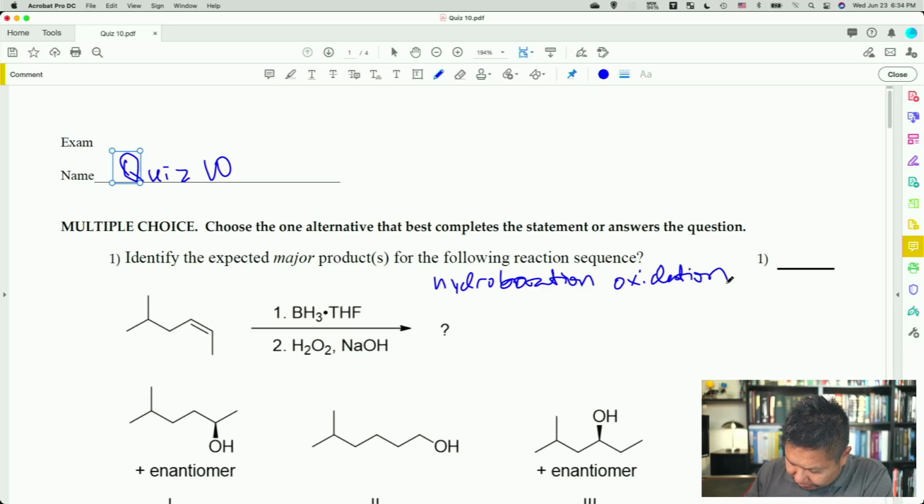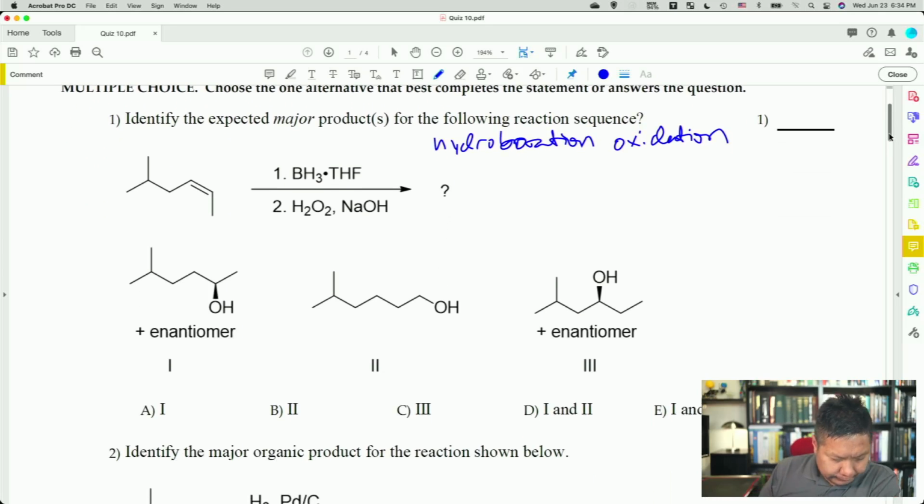Whenever you have a hydroboration oxidation reaction, you're going to have the addition of the alcohol. But interestingly enough, usually the addition only happens at the least substituted one. But both of these have the same substitution right here, so an addition at either one is possible.